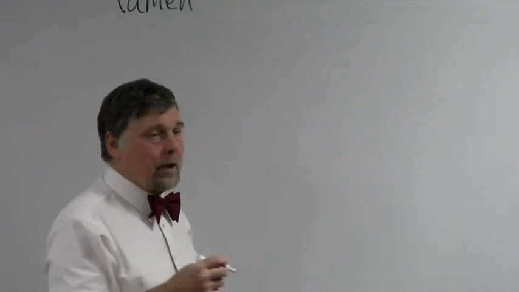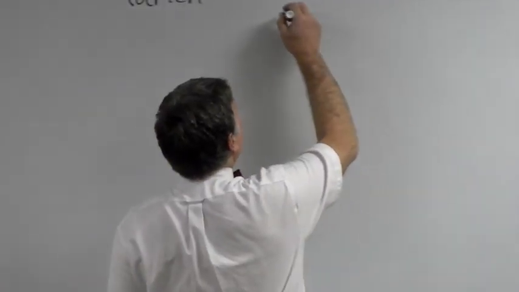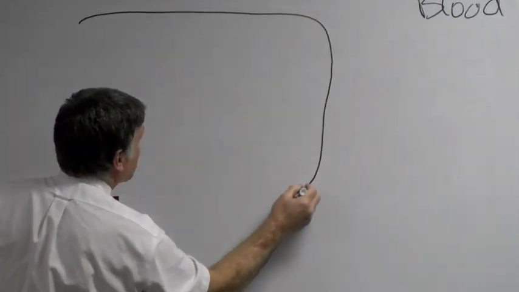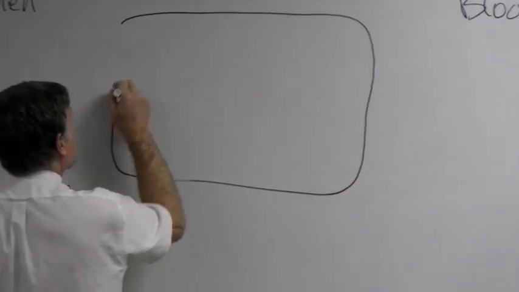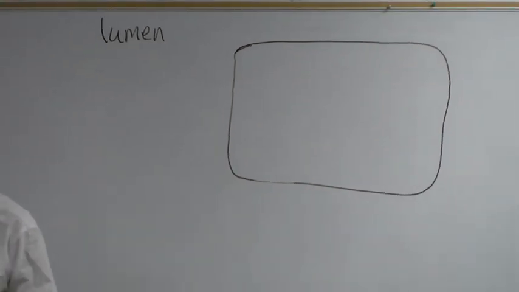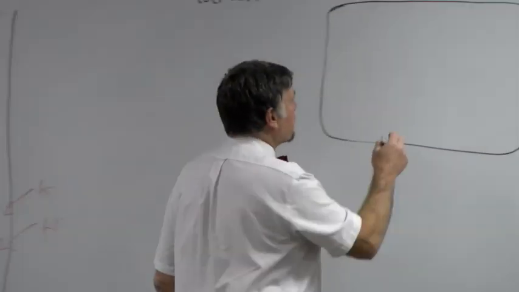And there are a couple of types of cells that we're interested in here. One is the intercalated cell. And this is the alpha intercalated cell. There's a beta, and we'll talk about that much later.